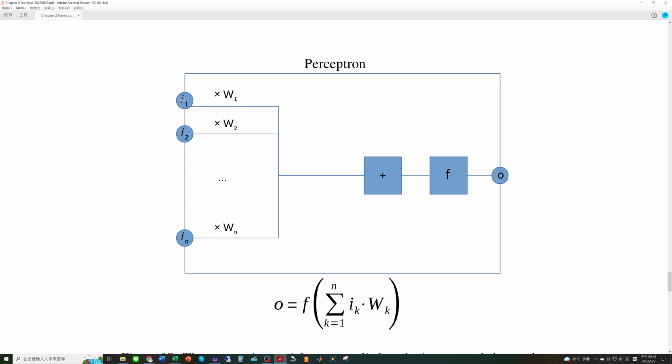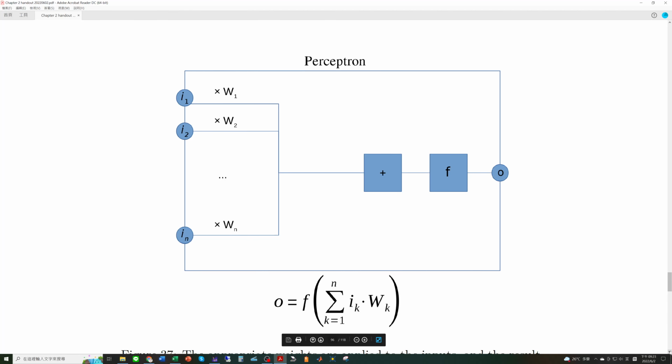We calculate I1 times W1, I2 times W2, and IN times WN, where W1, W2, and WN are weights. Then we add them up, and pass the result through a function f, and the output of the function f is the output O.